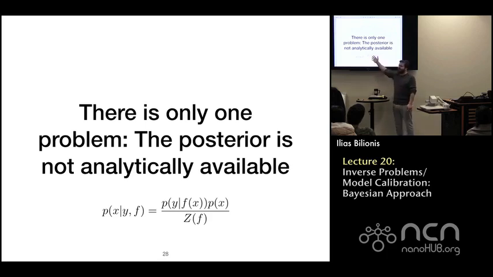If you have so-called conjugate priors, right? This is what you saw in second homework set, right? But this never happens when f of x is a physical model. You never have conjugate priors, all right? Because most of the times it's a black box, or it requires you to solve a partial differential equation. It's very unlikely that you have conjugate priors.